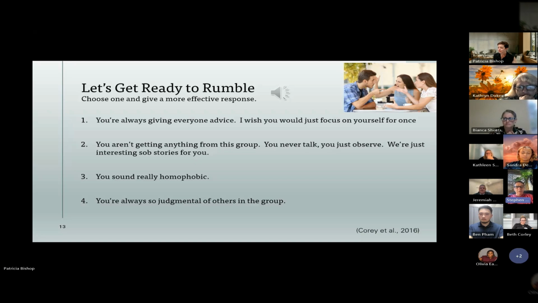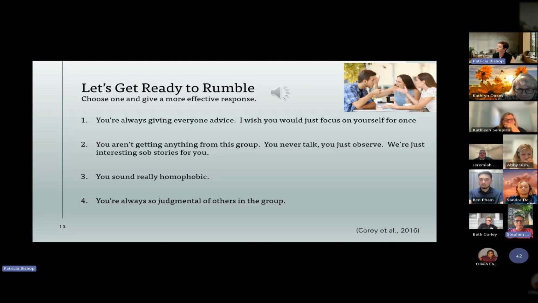Okay, so number one: you're always giving everyone advice. I wish you would just focus on yourself. I would remind them of the meta theme of counseling and say, look, our job is not to tell people what to do.